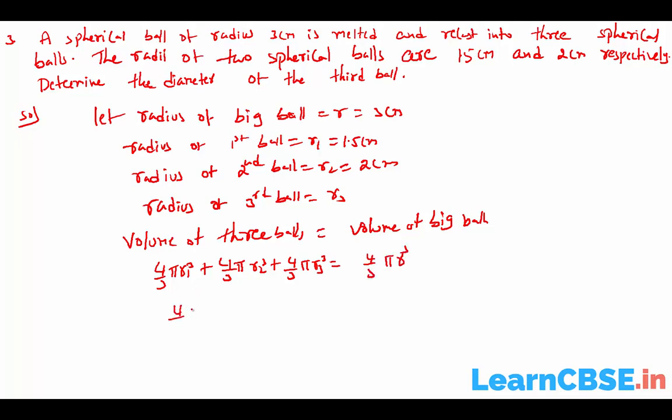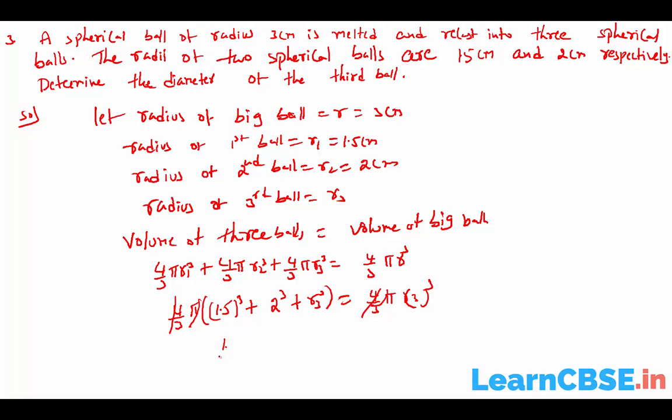Let 4 by 3 pi be common: 1.5 cube plus 2 cube plus r3 cube equals 3 cube. 4/3 pi gets cancelled.